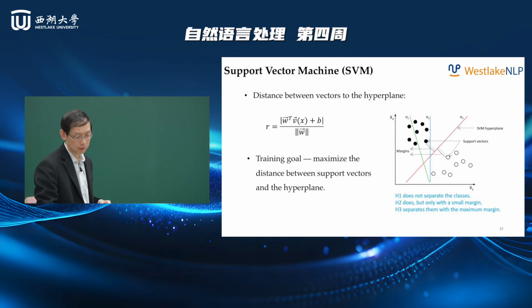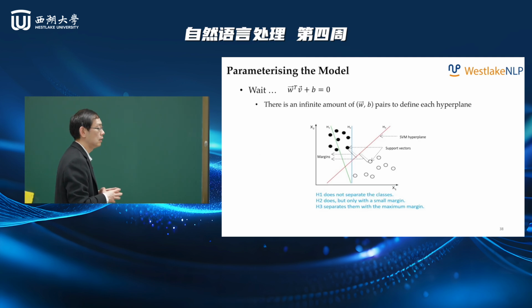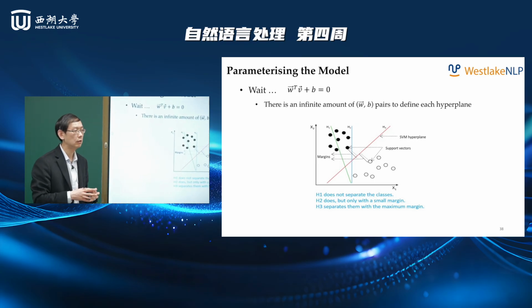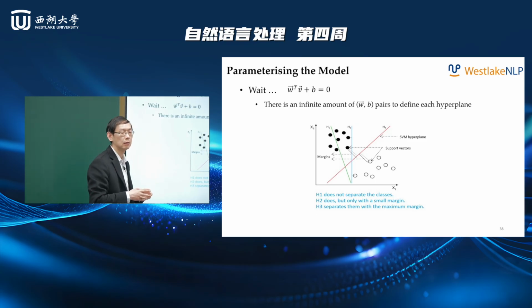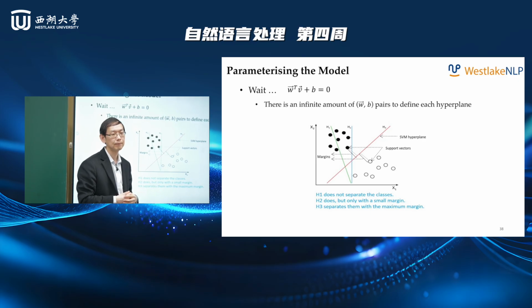Let's come back to the issue. When you minimize this thing, you realize, wow, my parameters are redundant. Why are they redundant? You said wx plus b equals 0 is the hyperplane, right? But 2w times x plus 2b is also the same hyperplane.